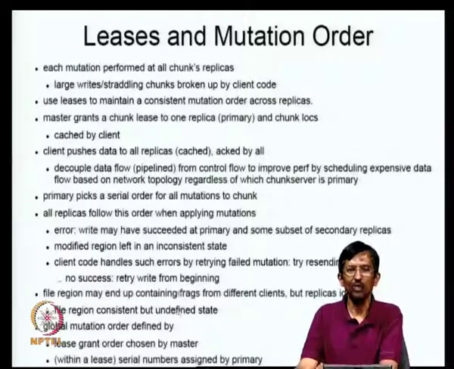Basically, the global mutation order is determined by the lease grant order chosen by the master. It tells you who actually gets the lease, and that decides the order.